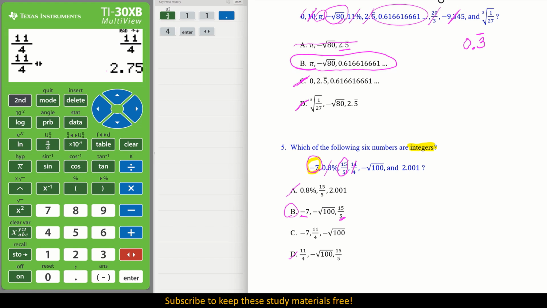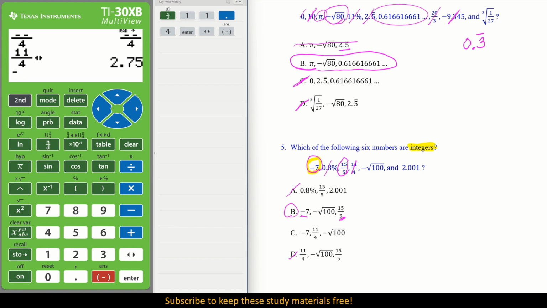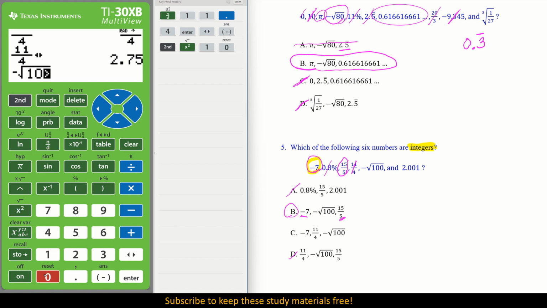Now, negative square root of 100, that's a negative 10. That's an integer. But if you're not sure, push negative, second, and then the square root, see which button I pushed, then enter your 100, push enter, that's negative 10.